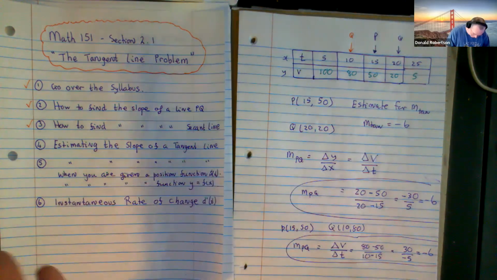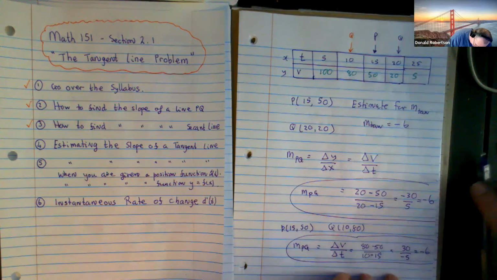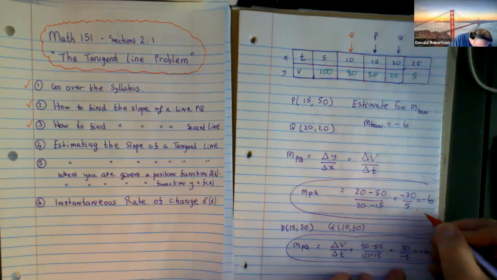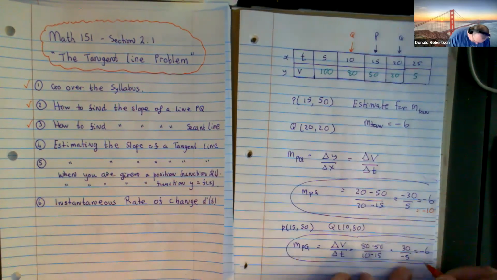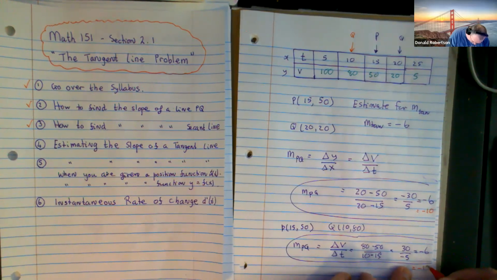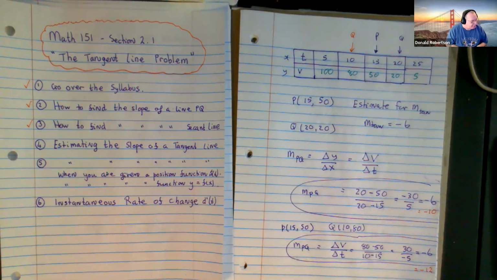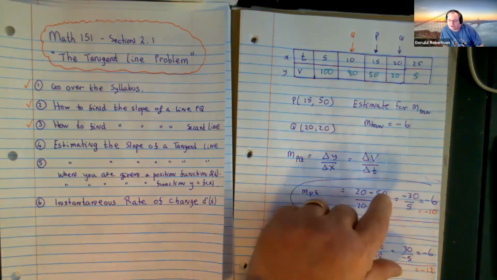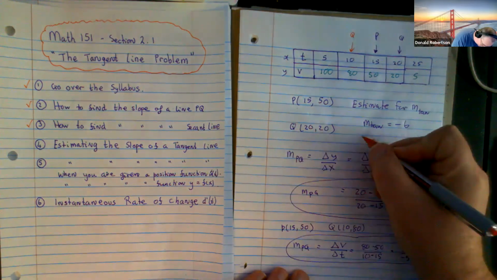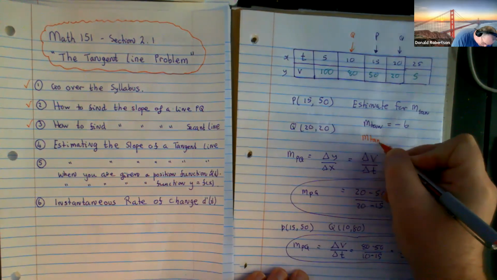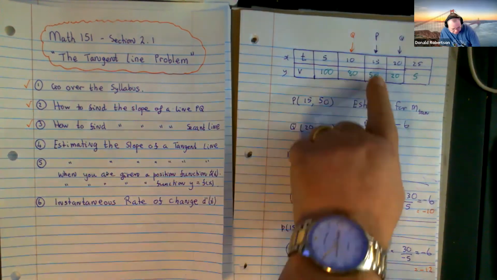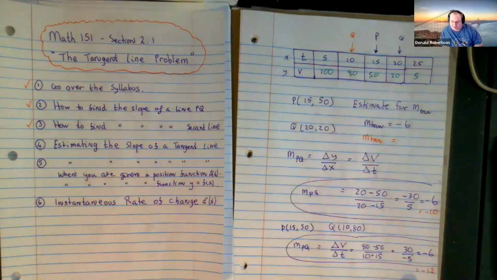Just flukes of numbers. Can we pretend that this guy was negative 10 and that this guy was negative 12, just for argument's sake, right? A different table, different set. What would I choose then in this second scenario for the slope of the tangent line at 15?